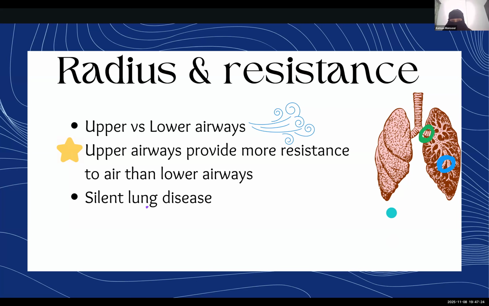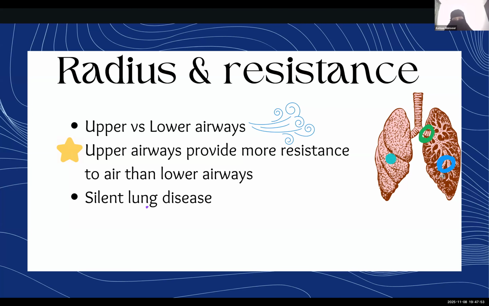So that is why we have something called a silent lung disease. Even though you have a problem in the peripheral lungs or the lower respiratory tract, it will not be shown in the resistance or the radius because of the huge amount of bronchi and bronchioles. This is just another concept that I want to talk about. Okay, that's it for radius.